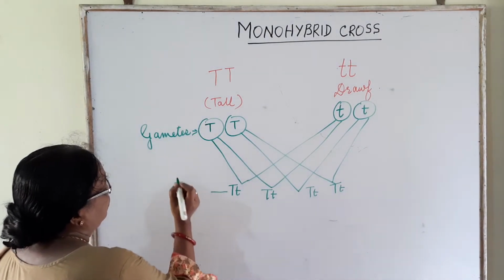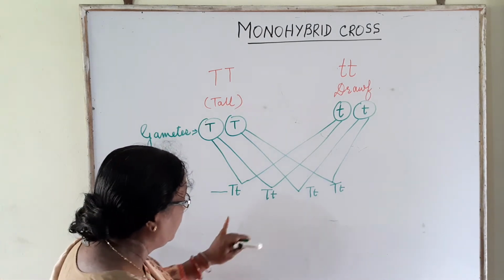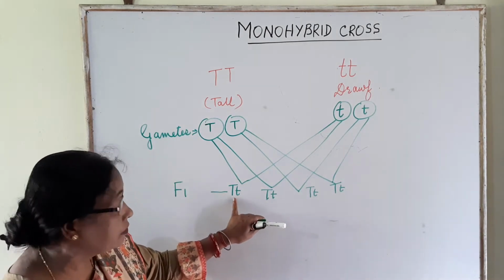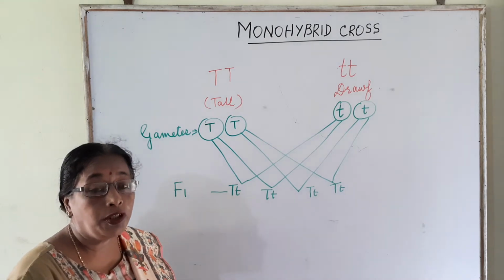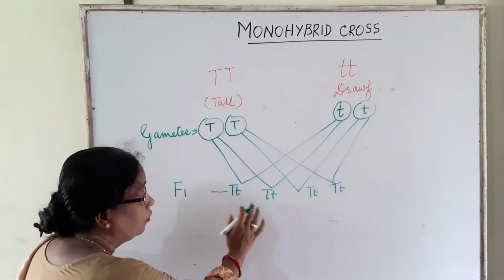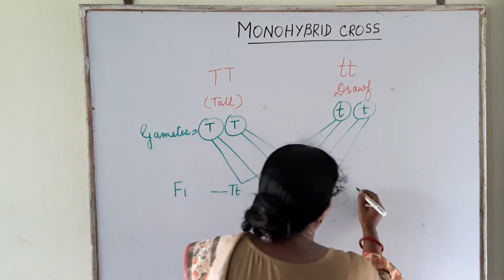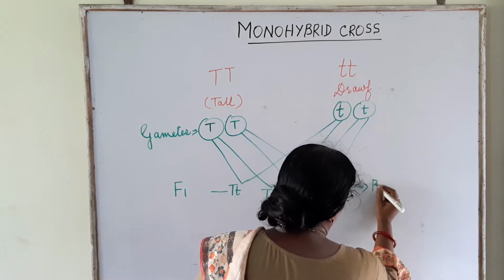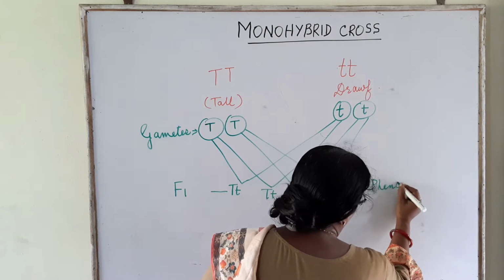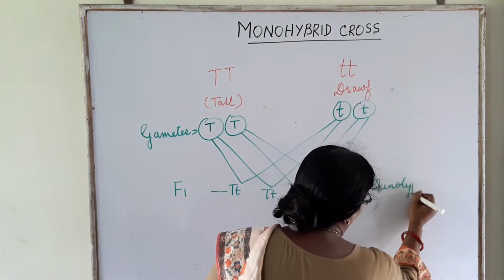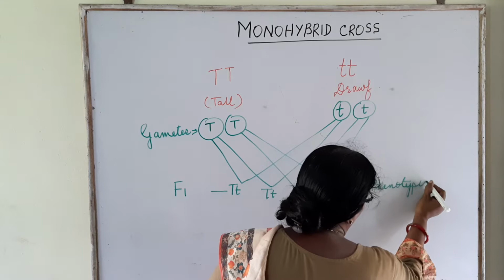So this was the F1 generation. Now all of you see here, this is phenotypically tall. All the four progenies are phenotypically tall.